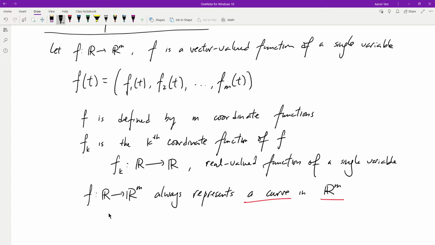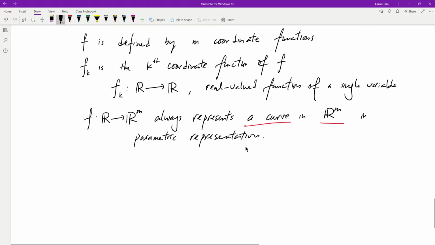In this case, we are representing a curve in R^m in parametric representation. And as a matter of fact, you have seen this kind of function already. You just didn't realize that's what you had. Let me show you an example.